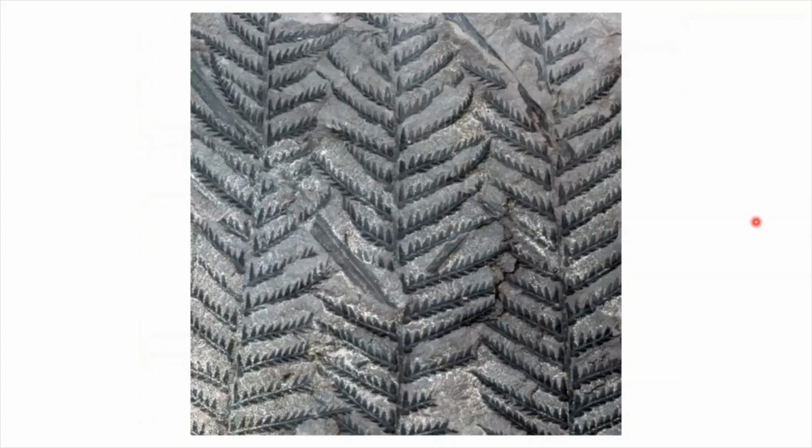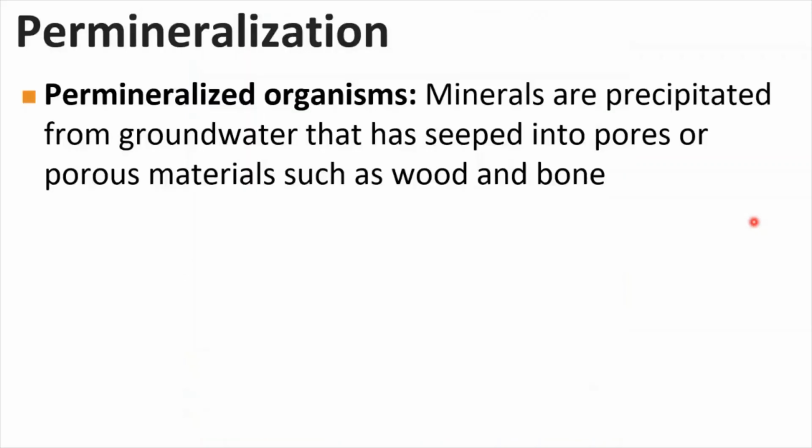Here's some ferns. These types of fossilization form from carbonization. This is where organic matter becomes a thin residue of carbon, and it leaves behind an impression of that organism. There is also permineralization. Permineralized organisms are where minerals are precipitated from groundwater that has seeped into pores or porous materials such as wood and bone.